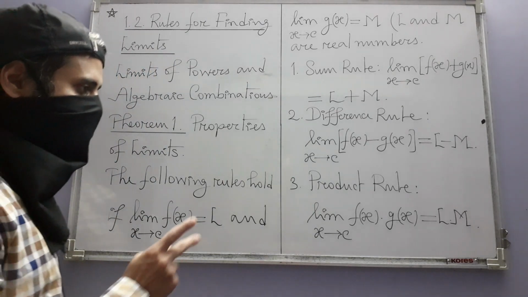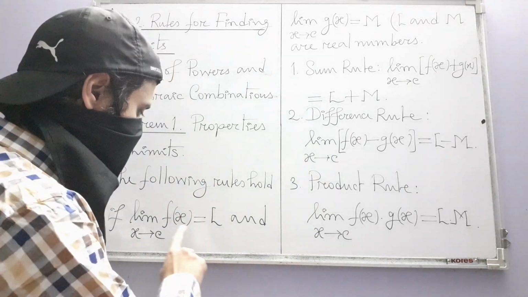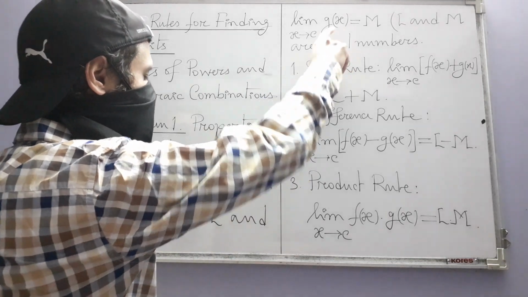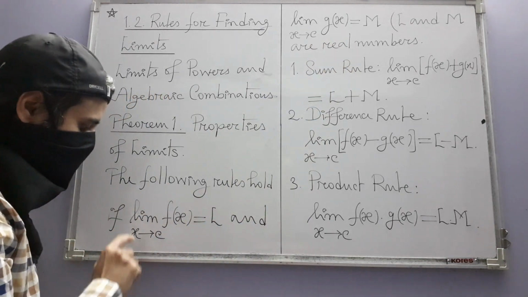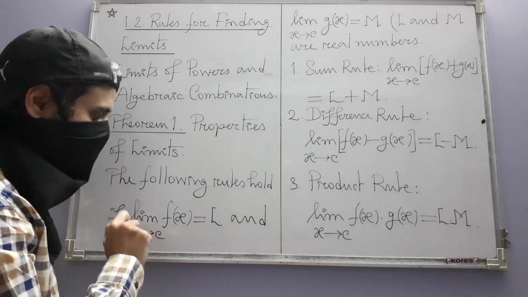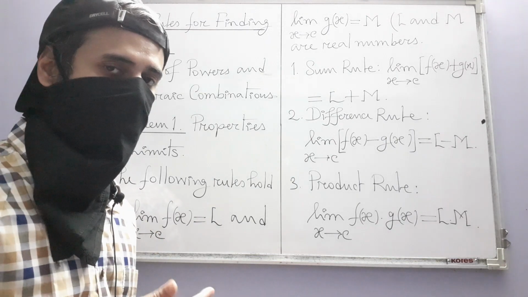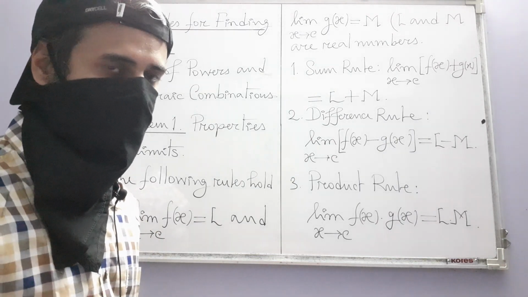So say you have two functions f and g, and say their limits as the independent variable x approaches c are given to be L and M respectively.